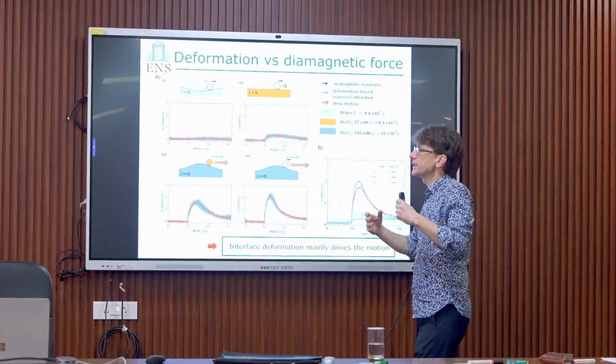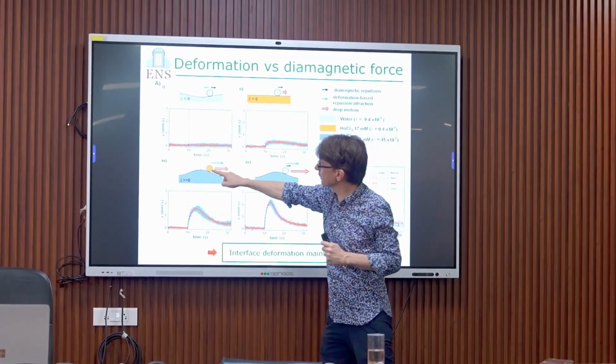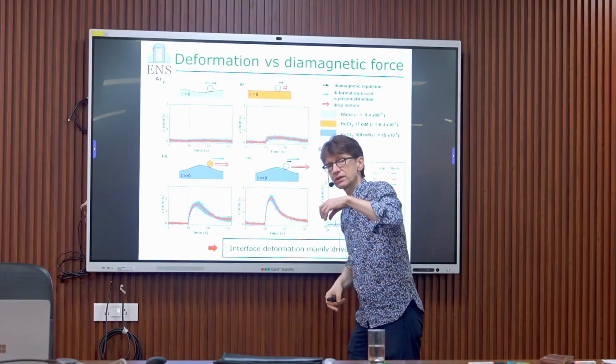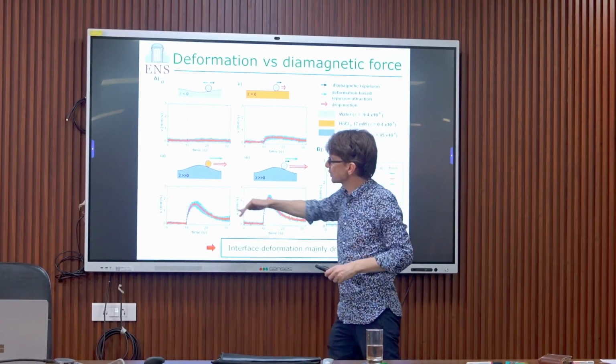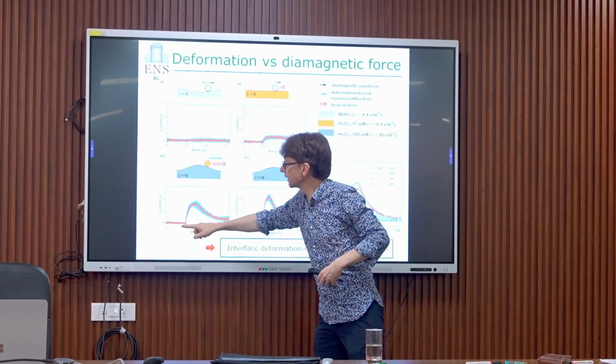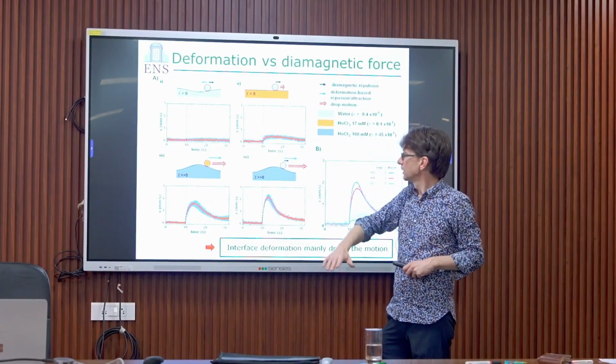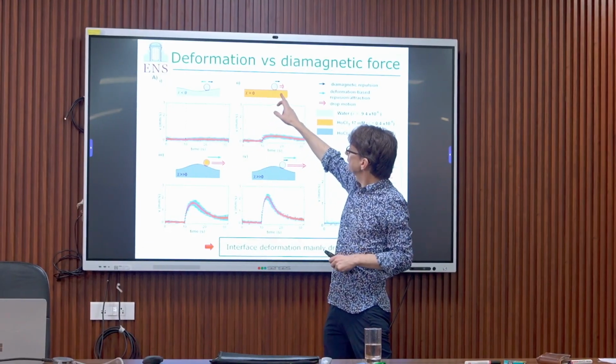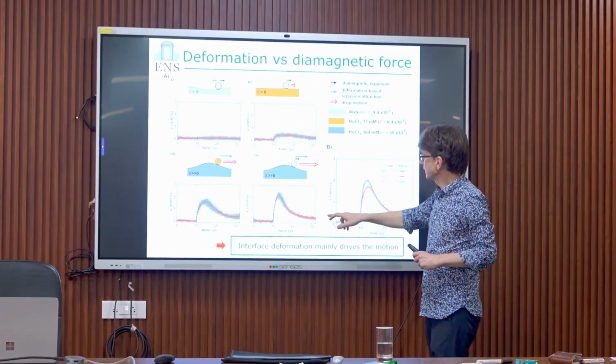And I can do the opposite. I can put the susceptibility at zero in my marble, so it means that my magnet will not put any force on the marble and will just deform the liquid. And you see that here I have significant speed. And if I combine both the deformation and the diamagnetic effect on the marble, I have this final speed.